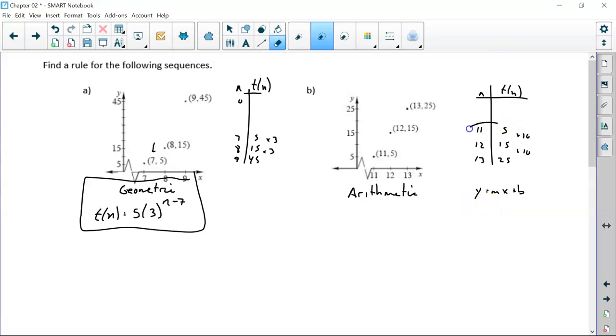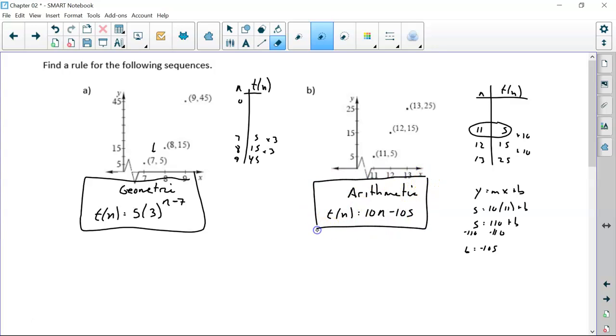I'm going to pick the point 11, 5. It doesn't matter which one I pick, I can use any of them. 5 equals our slope, which is 10, times 11 plus b. 5 equals 110 plus b. Subtract 110 from both sides. b equals negative 105. So our sequence T of n equals 10n minus 105. There's our arithmetic sequence.